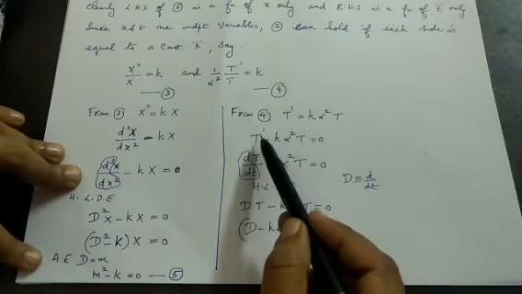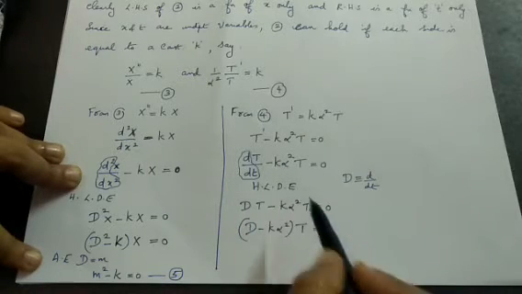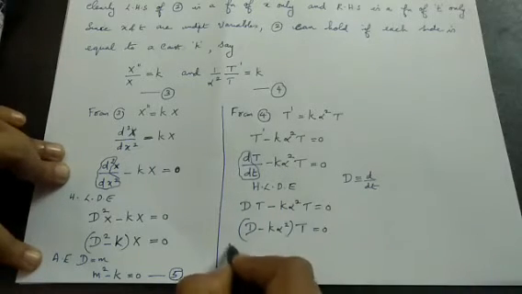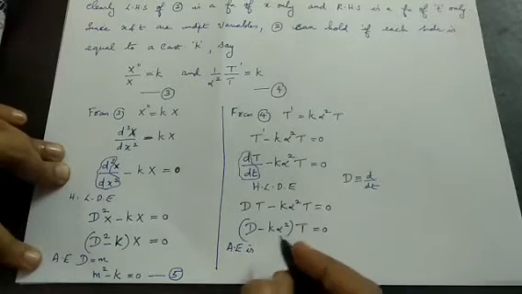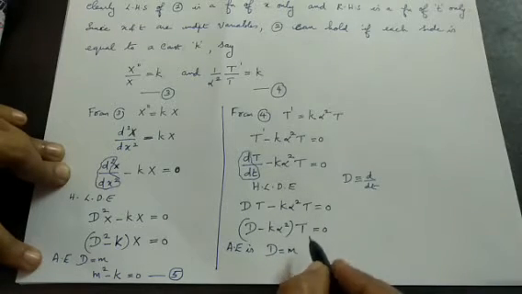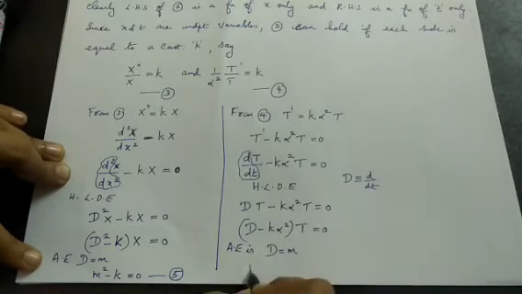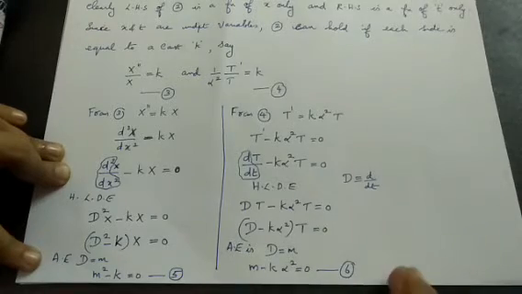To find the solution, we will put d/dt equal to capital D. Therefore, (D minus k alpha square) T equal to 0. All these equations represent homogeneous linear differential equations. To find the solution, we will first find the auxiliary equation, obtained by putting D equal to m and omitting the T term. Therefore, we have m minus k alpha square equal to 0. Put it as equation number 6.